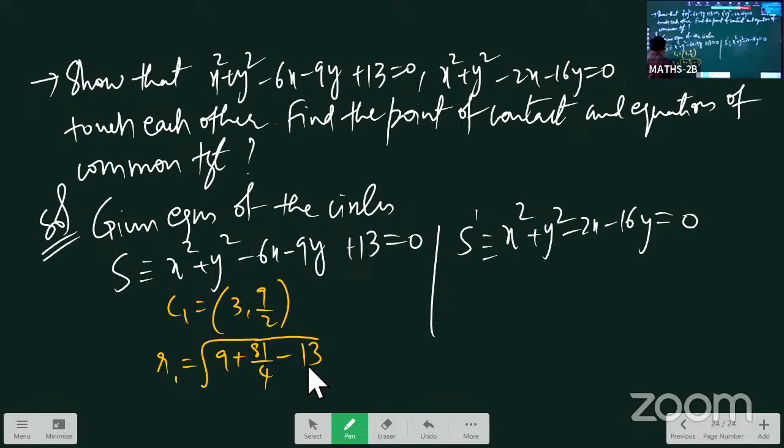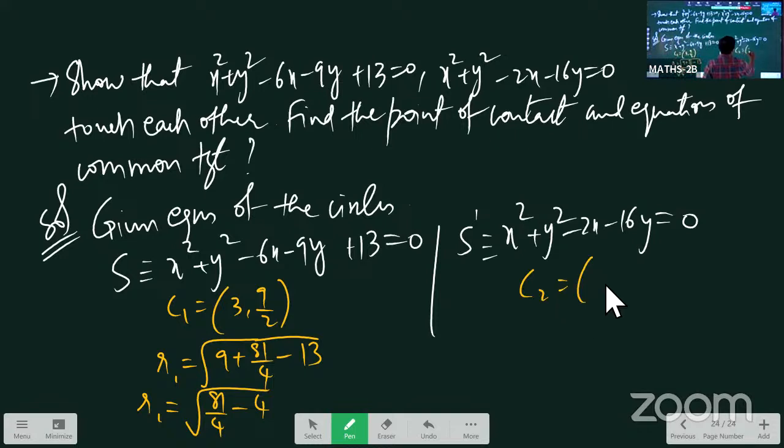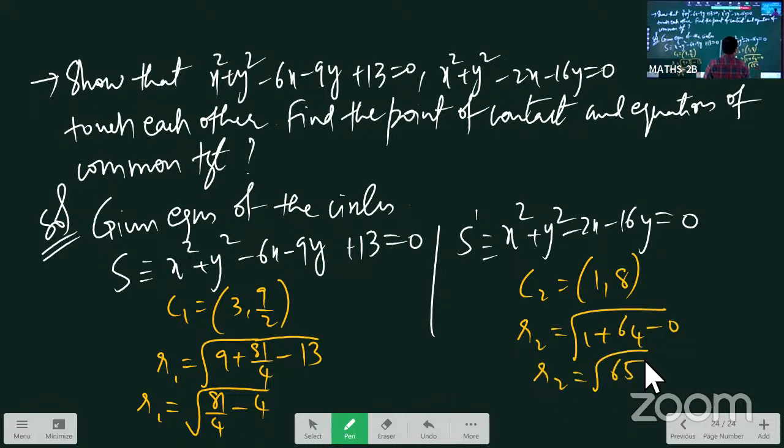Simplify this. You are going to get R1 equal to under root of 9 minus 13 plus 81 by 4. 9 minus 13 is minus 4, 4 4s are 16, so 81 minus 16 is 65, that is root 65 by 4. Actually 4 you write it outside, it becomes 2. Then C2 is what? 1 comma 8. Radius R2 is 1 plus 64 minus 0, R2 is nothing but root 65.